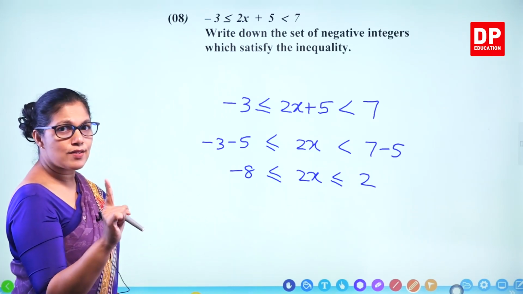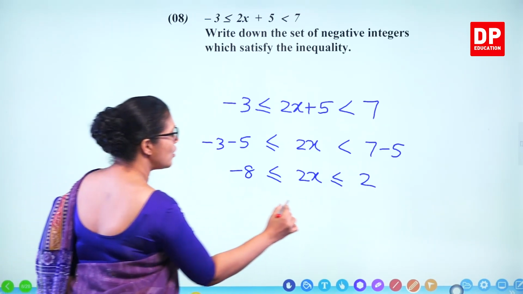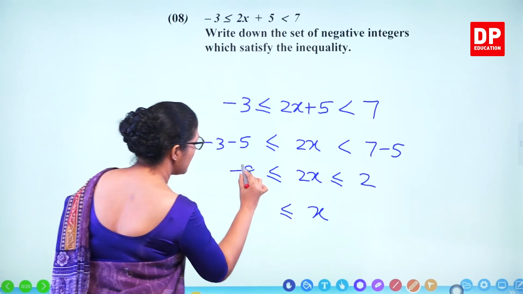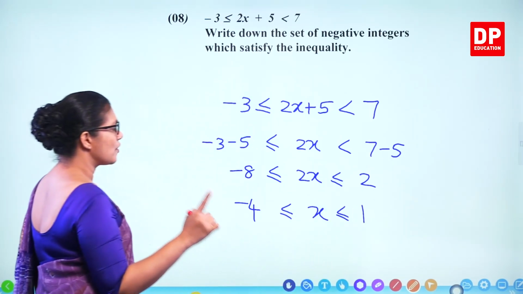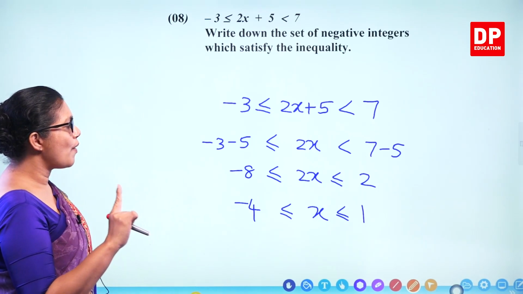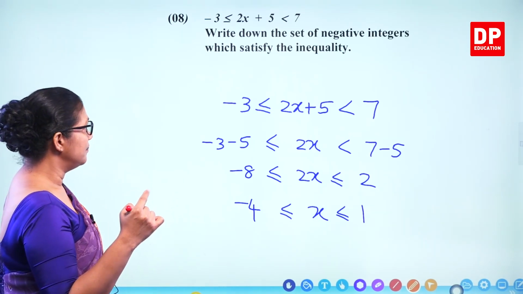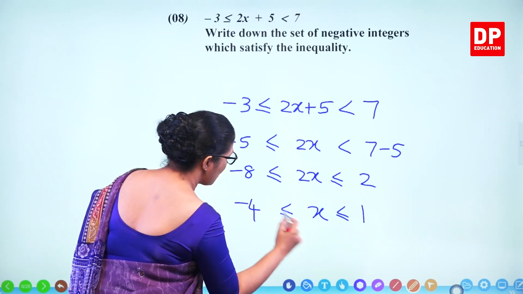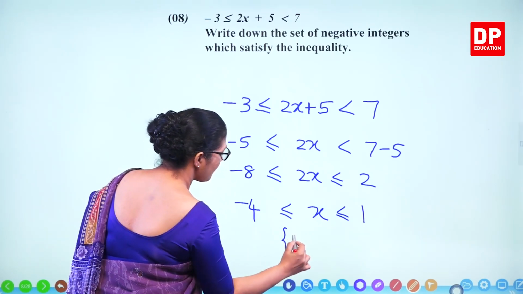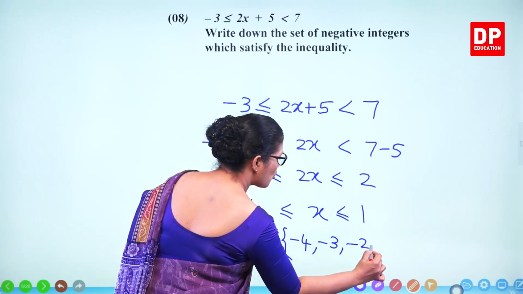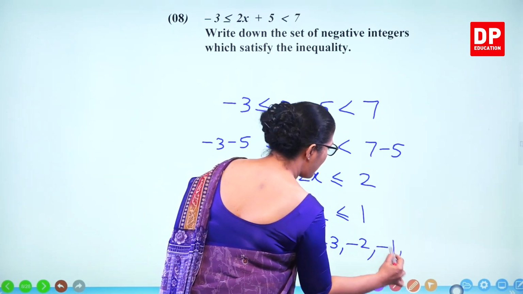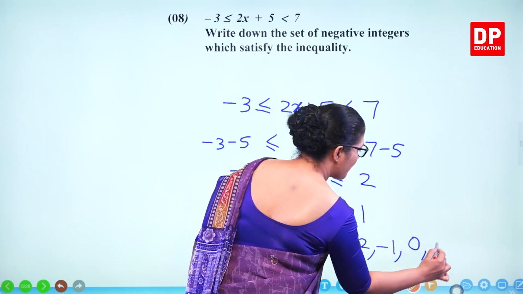Now, to get x, you can divide the whole thing by 2. So, x becomes, this becomes minus 4, this becomes 1. So, in between minus 4 and minus 1. So, what are the integers satisfied between these? Minus 4 is included, minus 3, minus 2, minus 1, 0, 1.